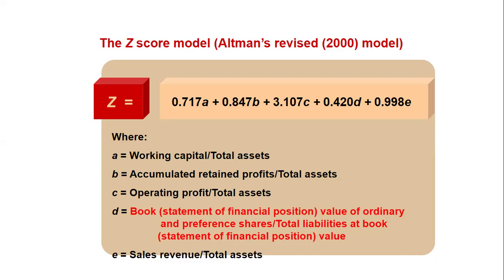Okay, so as he's saying, the constant is 3.1, which means it is higher. So the profit you are making is of more importance in this model, the 2000 model, than in the 1977 model.